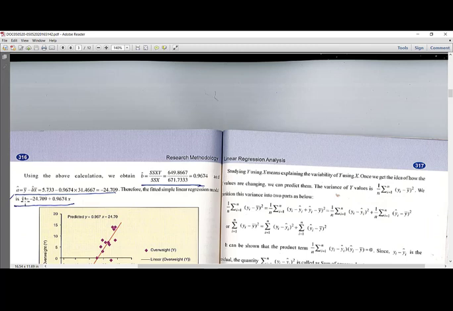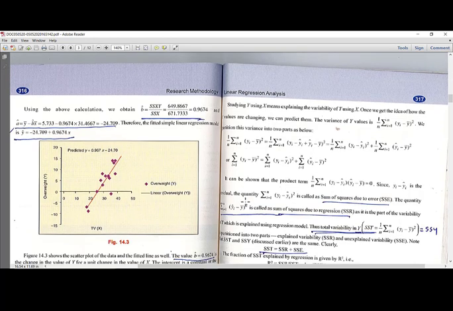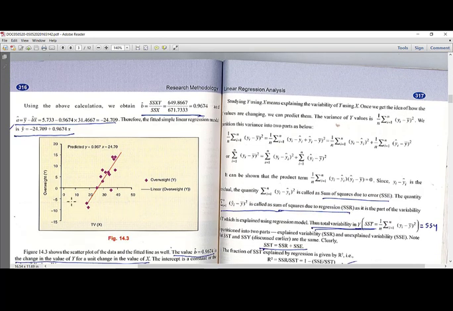So we have got finally this equation as Y cap, that is equal to minus 24.709 plus 0.9674x. This Y cap is the estimate of Y. Estimate of Y is now given as A plus Bx, where A value is minus 24.709 and B is 0.9674. So that is drawn here.